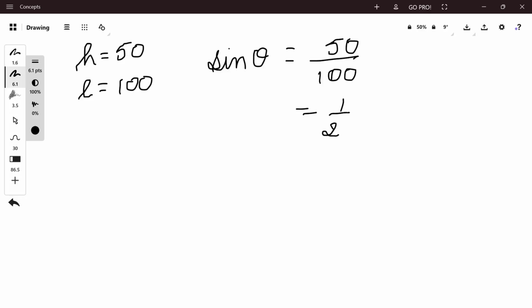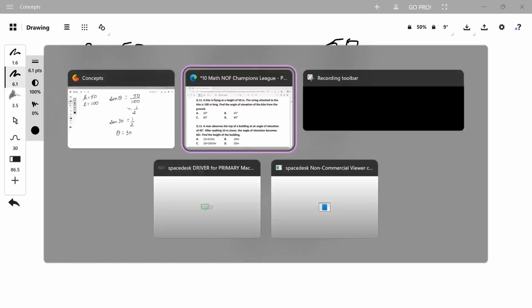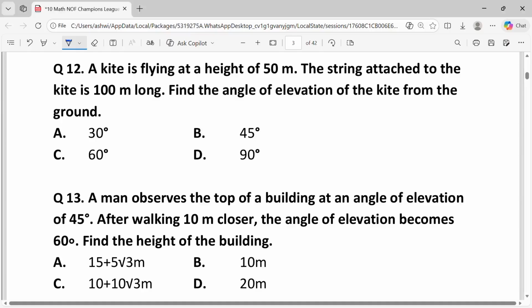The angle theta for which sin theta is equal to 1 by 2 is 30. That is, sin 30 degree is equal to 1 by 2. That means theta is equal to 30 degrees. From the given options, the answer is A, 30 degrees.